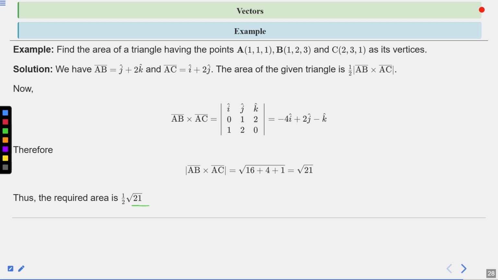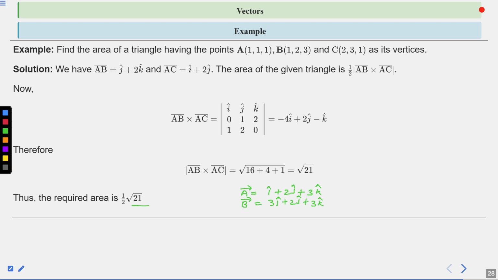Now one question for you, and this is homework for you. Suppose A vector is equal to i cap plus 2j cap plus 3k cap, and B vector is equal to 3i cap plus 2j cap plus 3k cap.